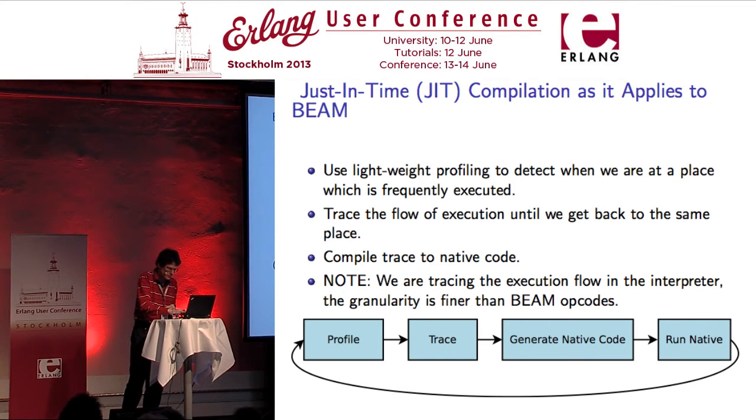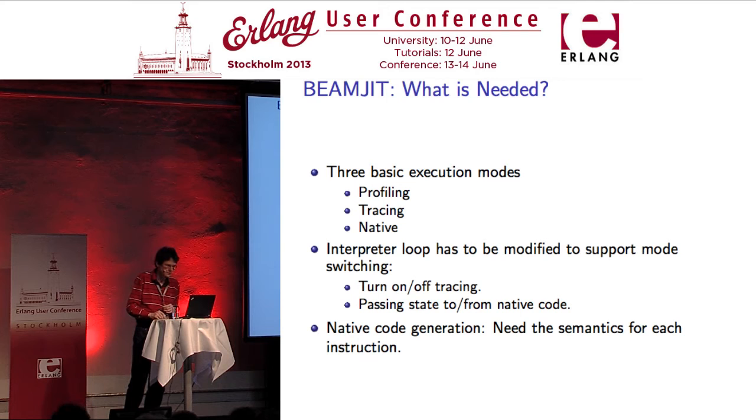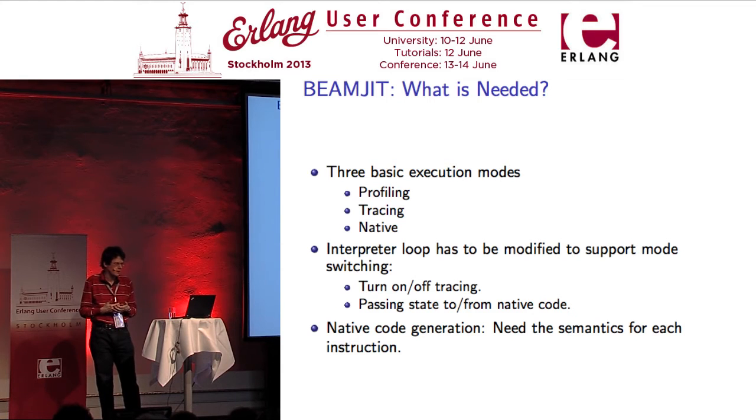So in order to do this, what do we need to have support for in our virtual machine? Well, we need 3 basic execution modes. One is profiling, figuring out what's hot. The next one is tracing, figuring out exactly which hot code path we're following.